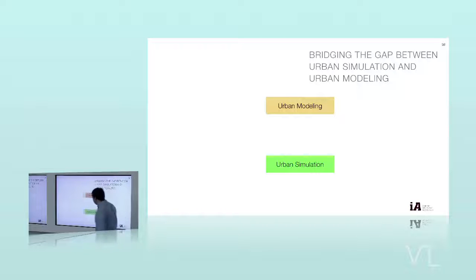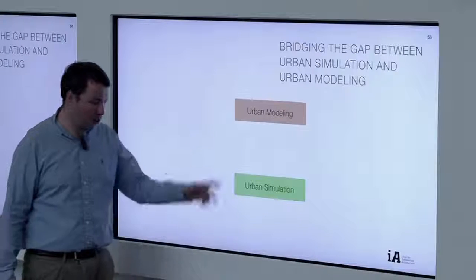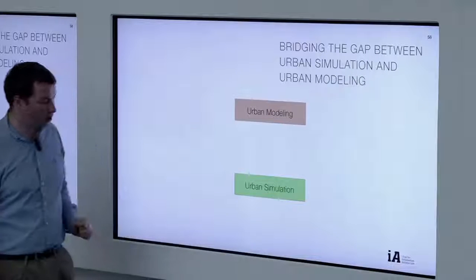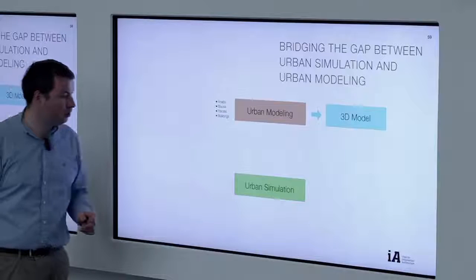So for the last part of the lecture, you may remember one of the last lectures where I showed all those procedural methods and so on. And then we have urban simulation, where I talked about the initials and all those basics and the GIS in front of it.